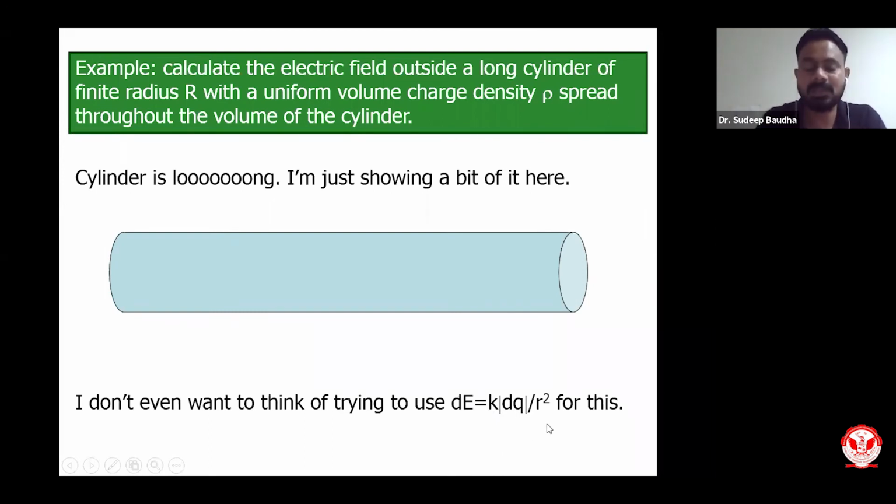That is what our starting equation was when we were talking about calculation of electric field. But if we use it over here, the integration part will make your life hell. That is very important, because you will not be able to do the complete integration using that particular fundamental formula.